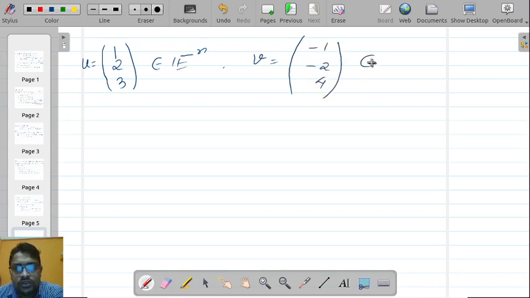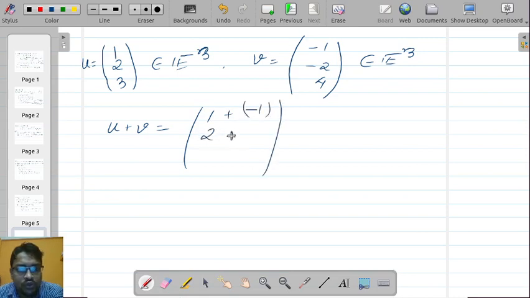This is also a column vector in E to the power n, with 3 components. So how do you add it? U plus V will be 1 plus -1, then 2 plus -2, just the usual way of adding. So this is actually 0, 0, 7.